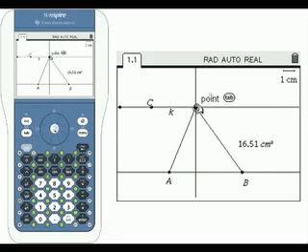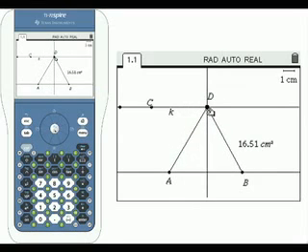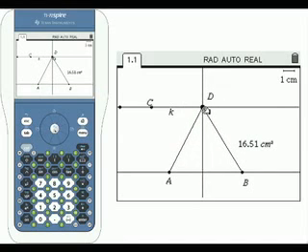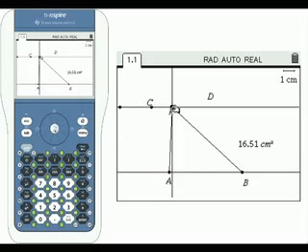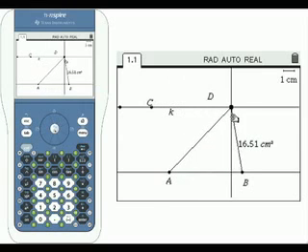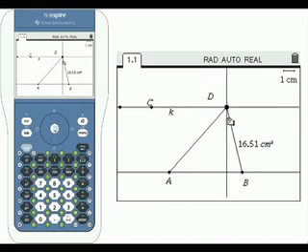Okay, so now the altitude is that line going straight up and down from vertex D to the opposite side of the triangle. And it can even go outside. So here we can really see that 1/2 base times height will be the area of any triangle.